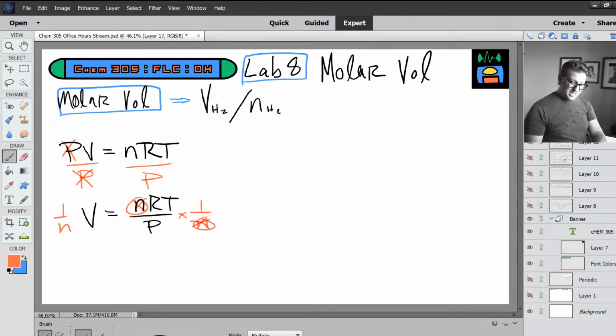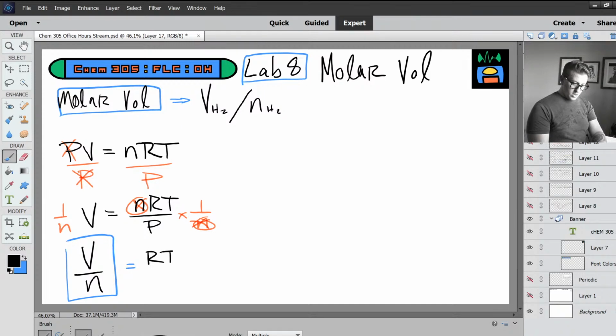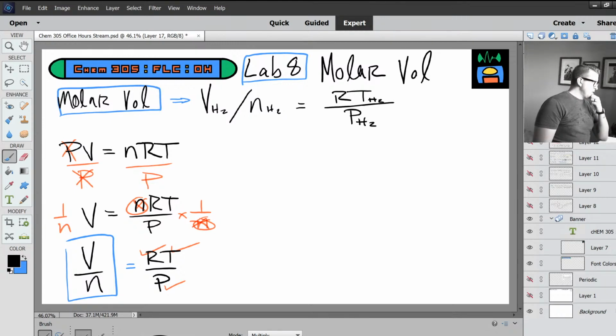When you do that, you get volume over moles, or your molar volume, is equal to RT over P. So if you take your ideal gas constant, multiply by temperature, divide by pressure, you get your molar volume. This is literally equal to R times the temperature of H2 divided by the pressure of H2.